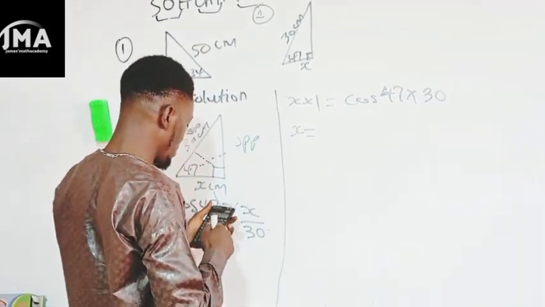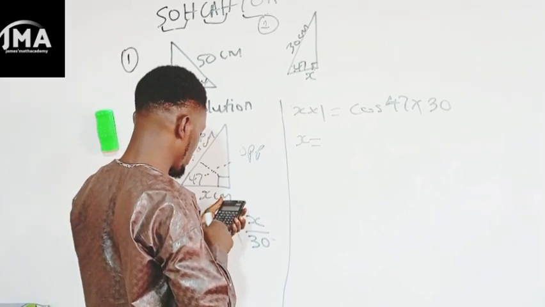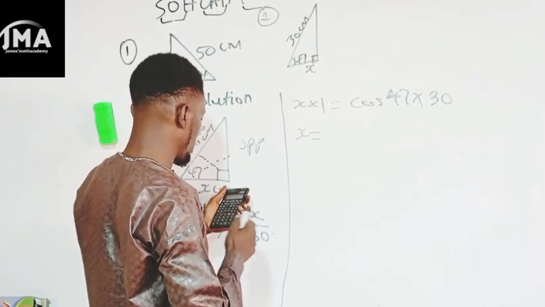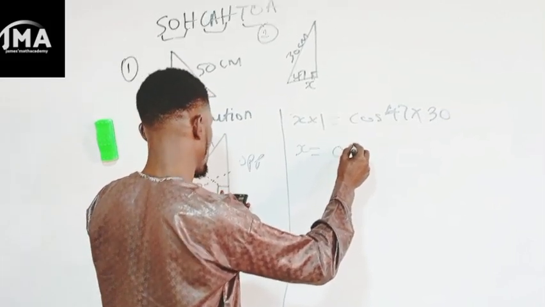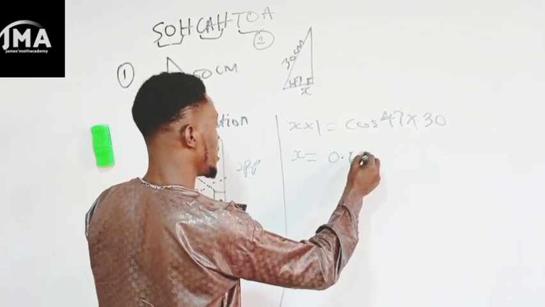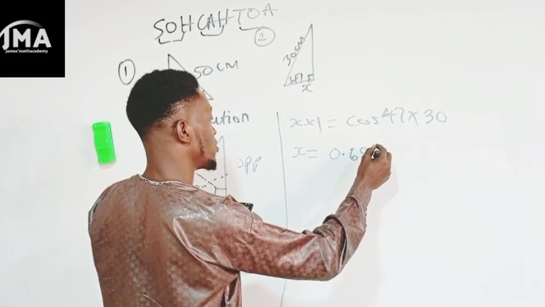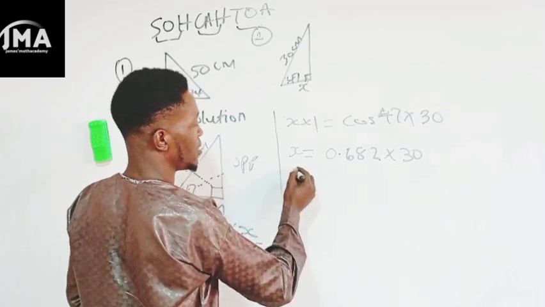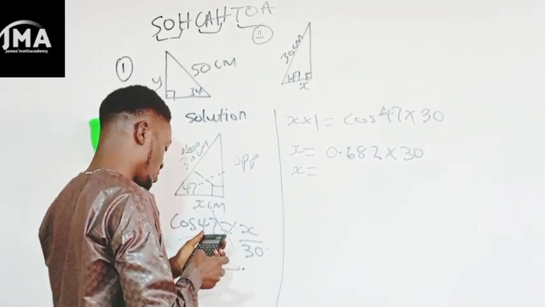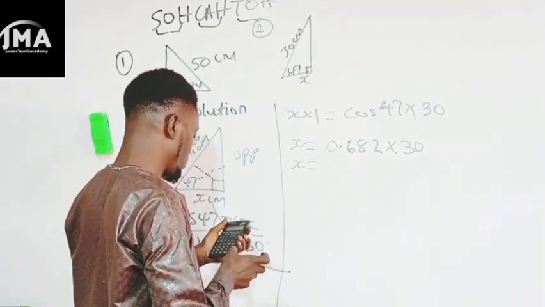Cos 47 is what? What is the value of cos 47? Cos 47 is going to be 0.682 times what? 30. Let's see what we get. So let's say times 30.